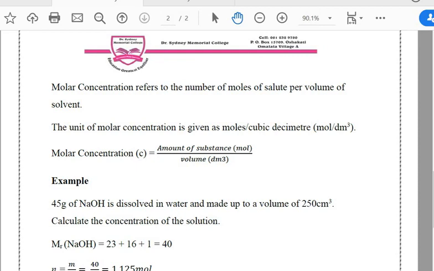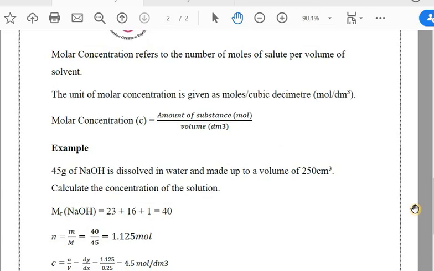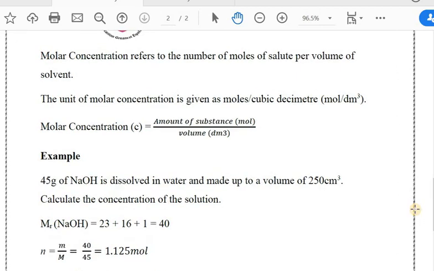Whenever you're given the mass number of a particular atom, say calcium has a mass number of 40, then 40 grams are equivalent to 1 mole. Now, with molar concentration, we are going to say amount of substance, because we're going to be given the mass of a substance, and from that mass we can calculate the number of moles that are there.